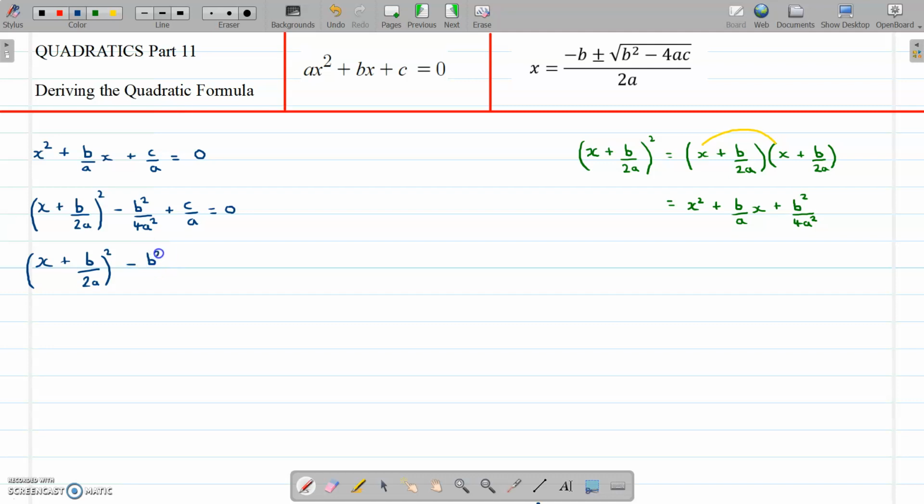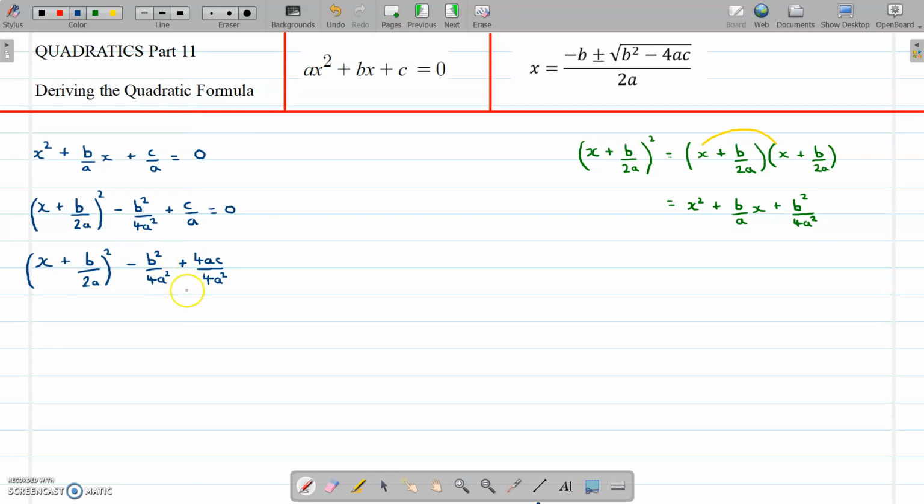This stays as it is over 4a squared. But what I'm going to do with the other fraction, the c over a, is I'm going to multiply the numerator and denominator by 4a. So the c becomes 4ac, and the denominator, which is currently just a, becomes 4a squared. In other words, I'm making the denominator match this one.